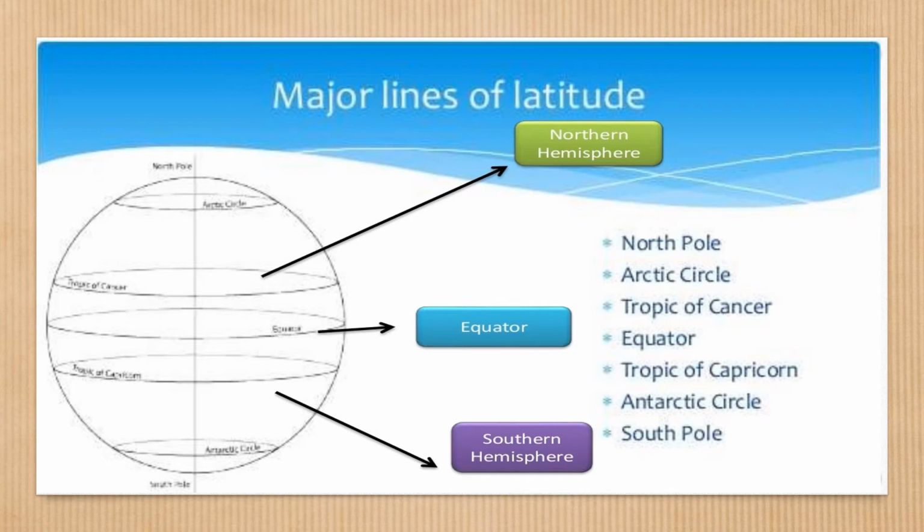In the northern hemisphere, first we have the 0-degree equator, which divides the earth into the northern and southern hemispheres. So from the equator, you move to the northern hemisphere. You have the Tropic of Cancer at 23.5 degrees north, which is right here.